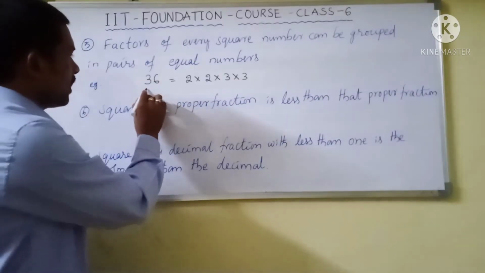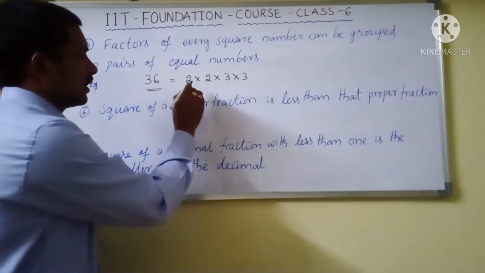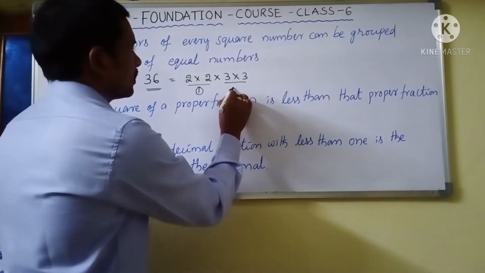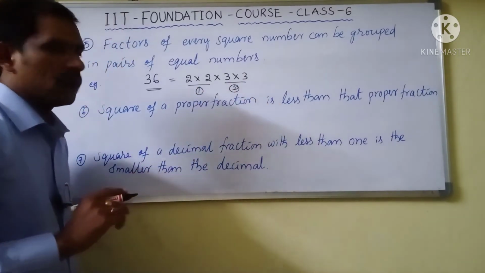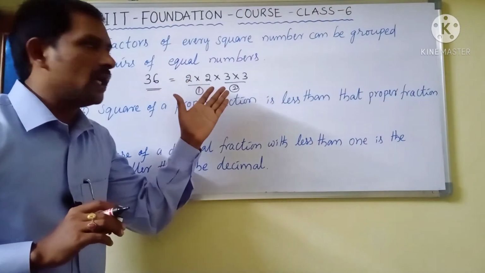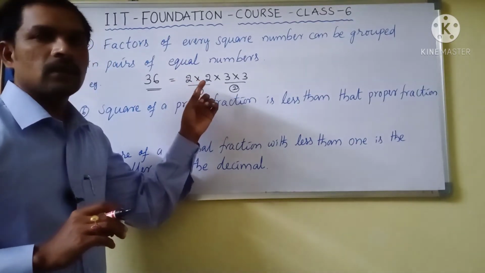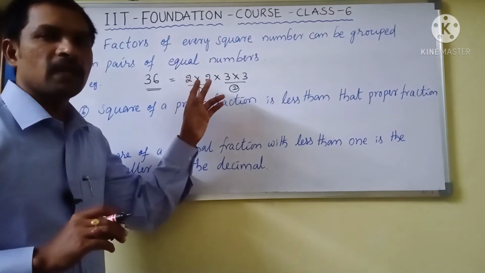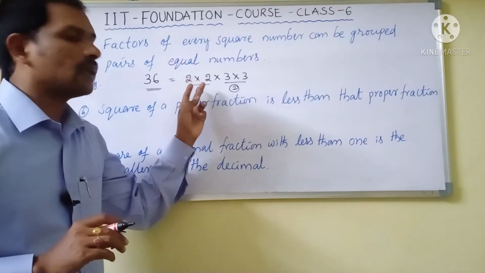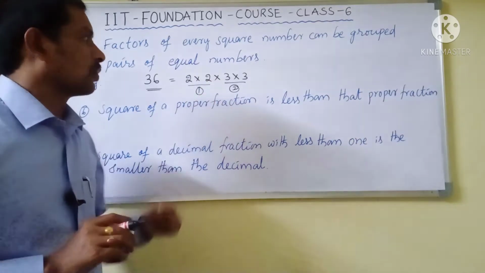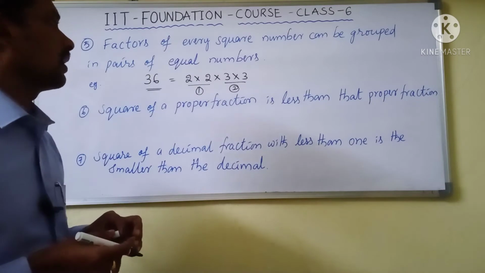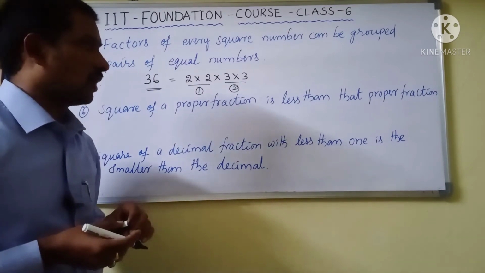So if you observe the factors of 36, 2 and 2, this is one pair, 3 and 3, this is another pair. So if you factorize a perfect square number, it is definitely going to be pairs of factors. Each factor should be in a pair. That is the example for factors of every square number being grouped in pairs of equal numbers.